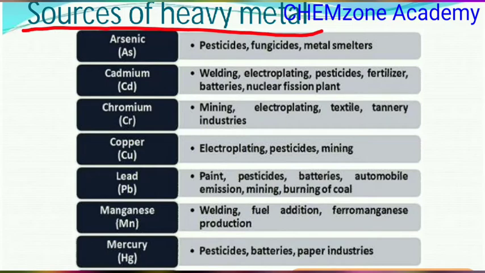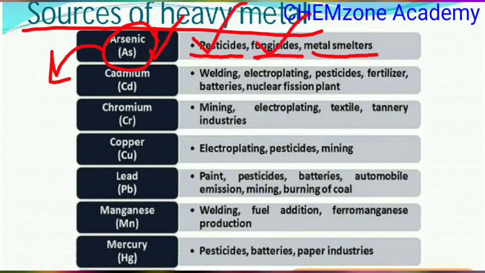Generally, arsenic. I told you before, to kill rats and some other animals, we use a chemical powder, that is known as arsenic powder. It is also used in pesticides, fungicides, or metal smelters, to kill pests and fungus.